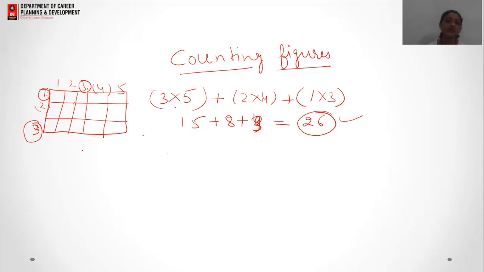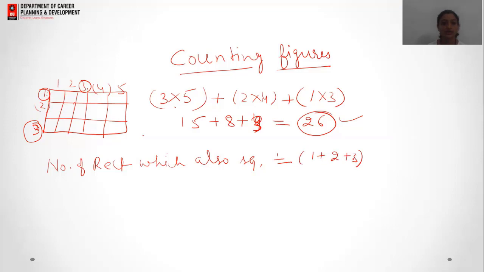Now, if we have to find out the number of rectangles which are also squares, for this, we need to add the number of rows, 1 plus 2 plus 3, and multiply with the sum of the total number of columns.